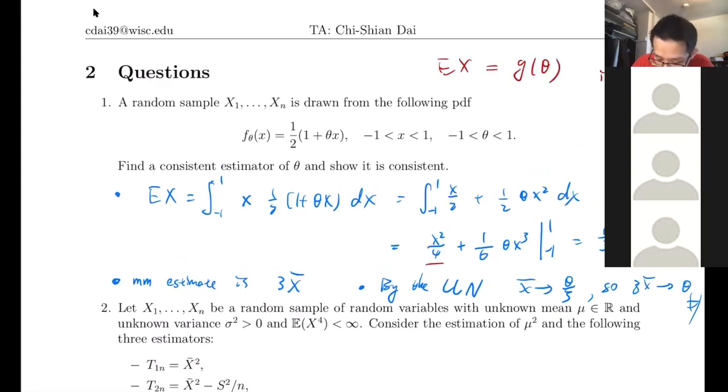If the function g is continuous and the g inverse is continuous, then for g inverse of X bar, we can apply the continuous mapping theorem and the law of large numbers to say this is a consistent estimator.